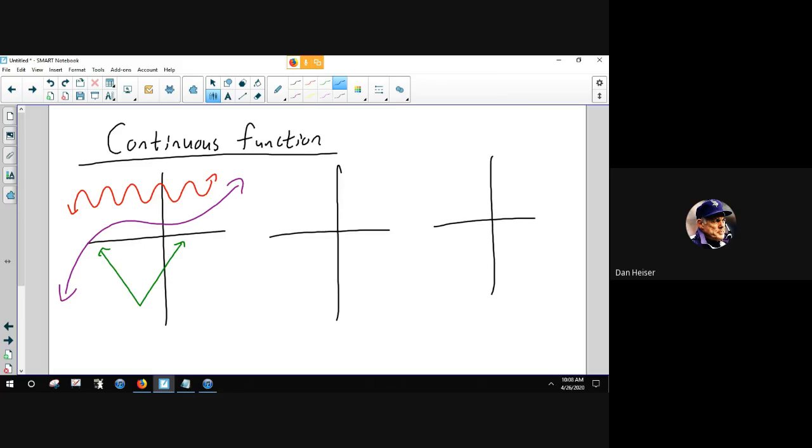Here's a function that is not continuous. I cannot trace this function unless I pick up my stylus. So I can draw this section, but then I have to physically pick it up, relocate it to one of these spots, and do the rest. There is a gap here, and we call that gap an asymptote.